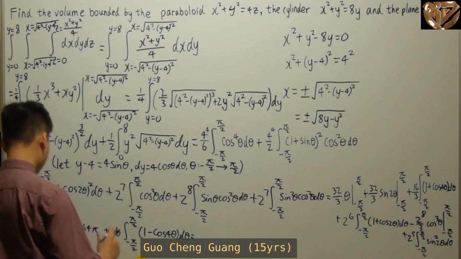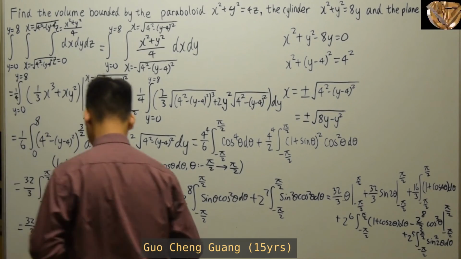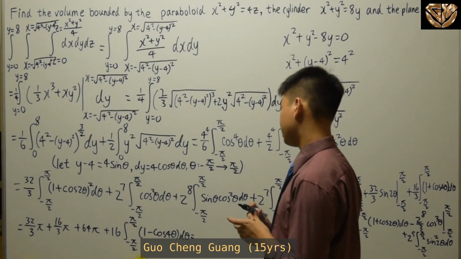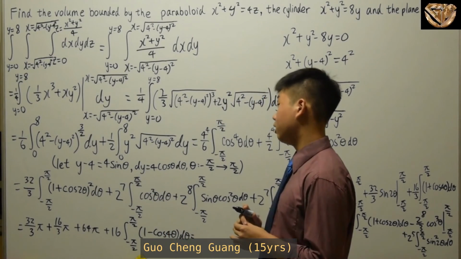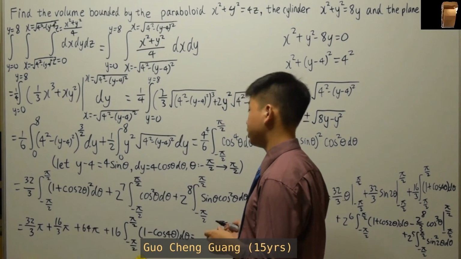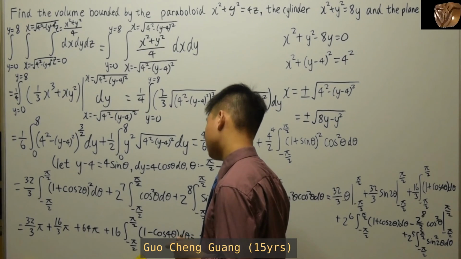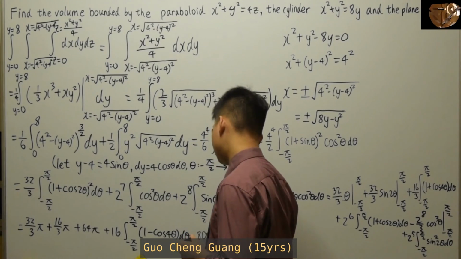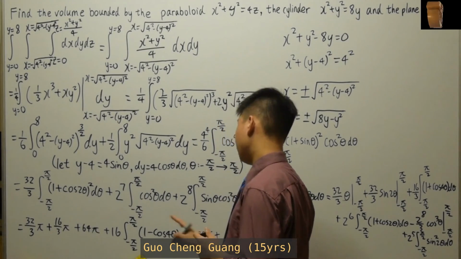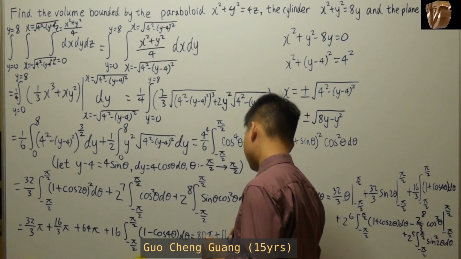And with this, we could start combining some of the parts. So let's say for your first term, you're going to see a 48 over 3, which is just 16, which will give you 80 pi. So these combine to be 80 pi, while this will just give you a 16 pi.